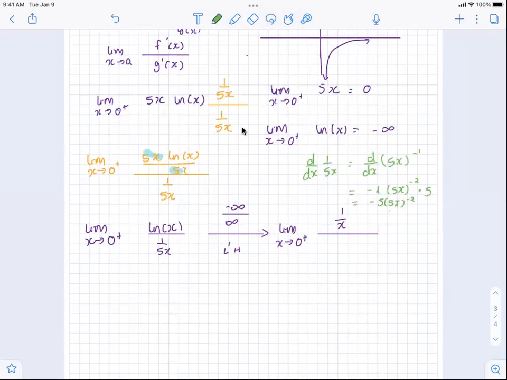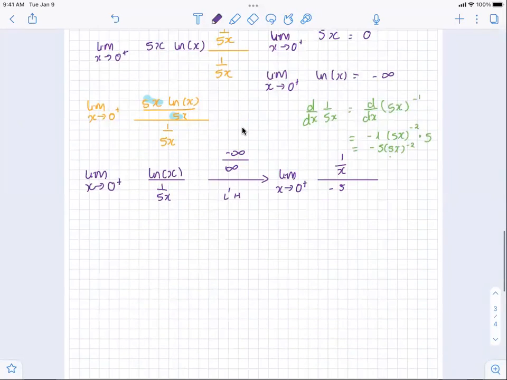So if you put it back in here, that derivative should be negative 5 divided by 5x squared, right? Notice I put parentheses, otherwise I would just try to cancel that. So once I have that, let's see if I can simplify a little further.